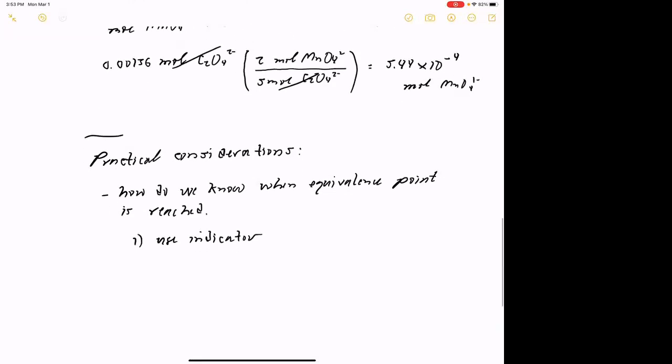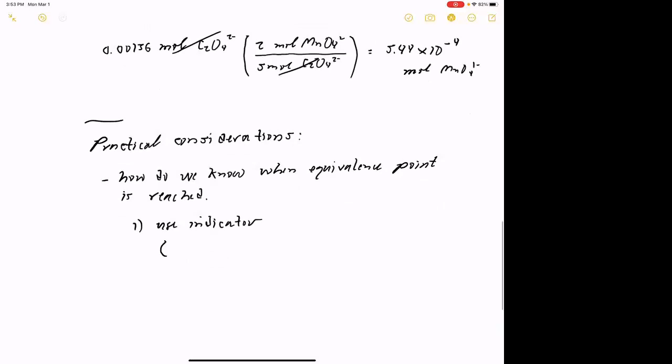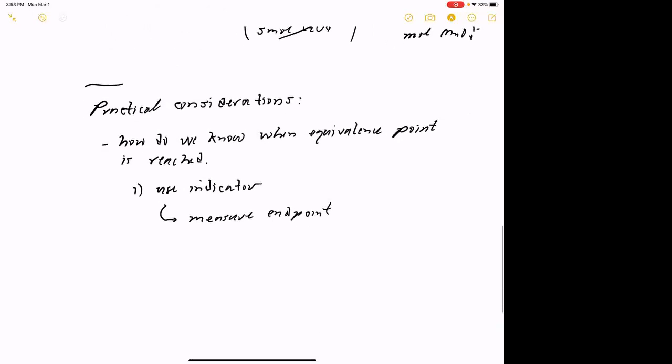Now, when we use an indicator, what we're really measuring here is not the equivalence point, but what we call the end point of the titration. And here's the interesting thing. The endpoint is nearly equivalent to the equivalence point, but they're not exactly the same thing. So we can say that they're almost equal to each other, but not quite.